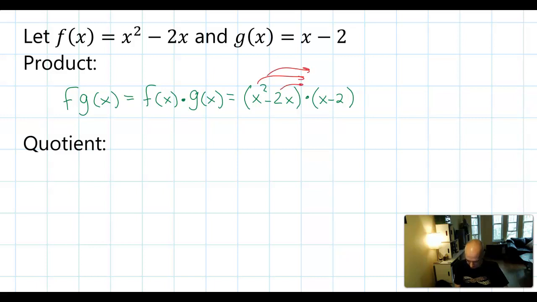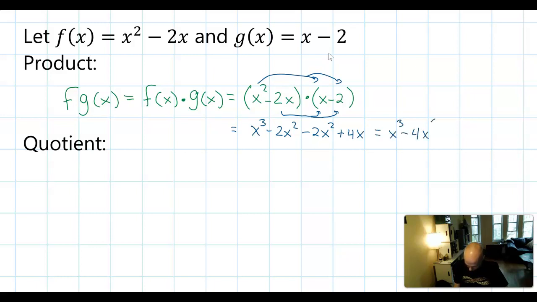Distribute all the terms of the first to all the terms of the second. I'm going to carry that out now and see what we get. So when you're multiplying two functions, be mindful that you may have to distribute, but it's not really too bad.